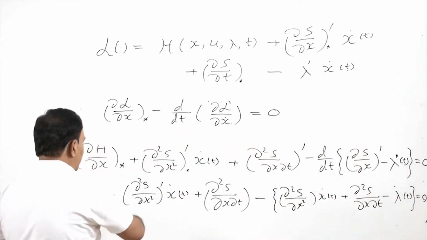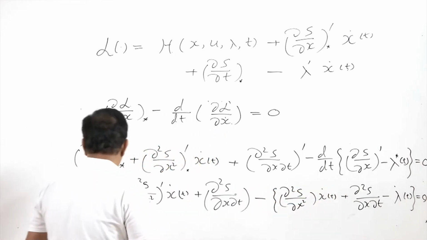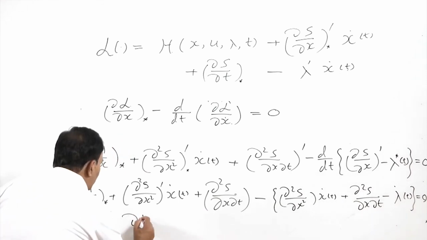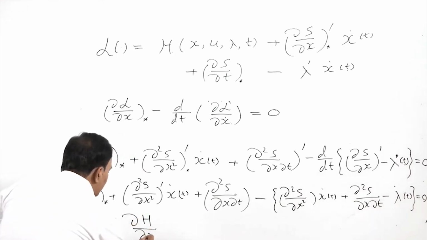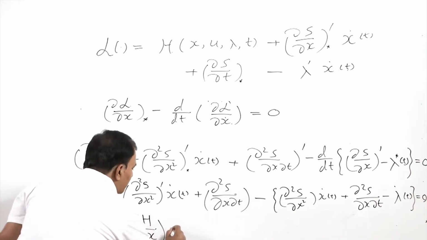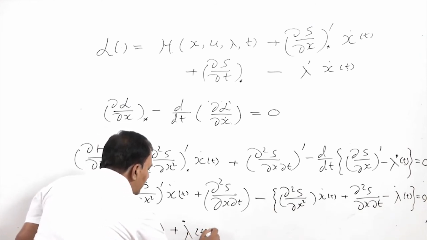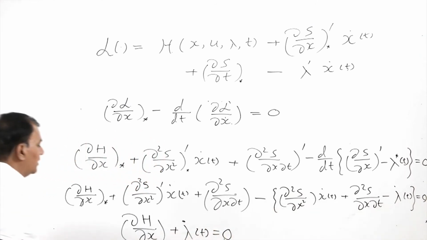Now, if you expand this, this term will cancel out, this term will cancel out, and I am left with only ∂h/∂x + λ̇(t) equal to 0.